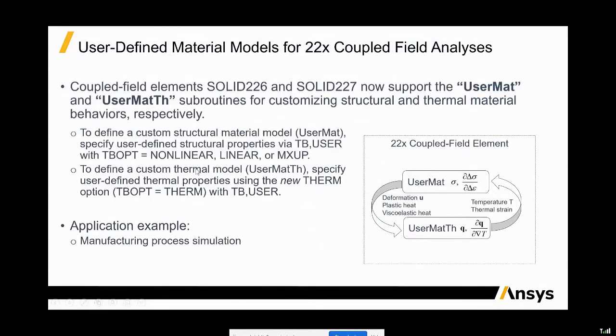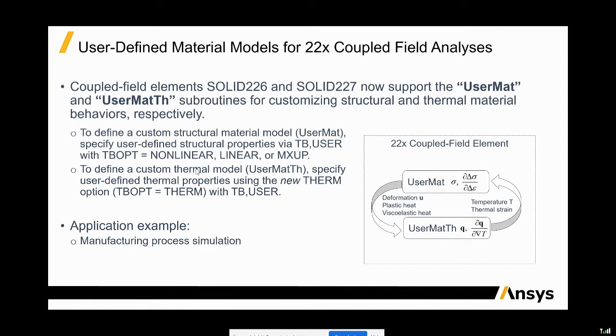Now, speaking of user programmable features, we can now do user-defined material models for the 22X coupled field analysis elements. The 226 and 227 support both the user mat and the user mat for the thermal, for structural and thermal capabilities.